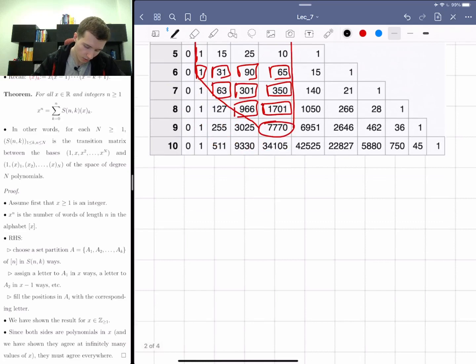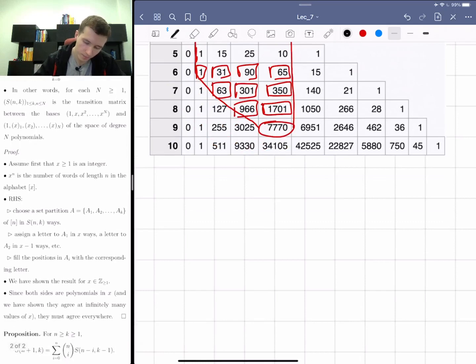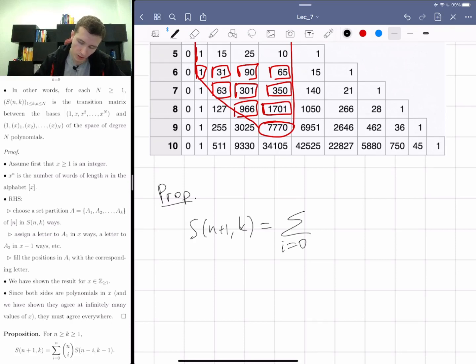Anyway, here's another statement about Stirling numbers: S(n+1,k) is equal to the sum for i from 0 to n of n choose i times S(n-i,k-1).